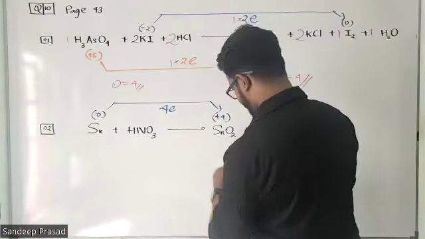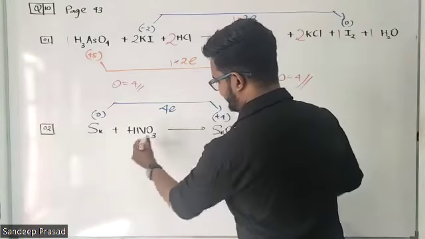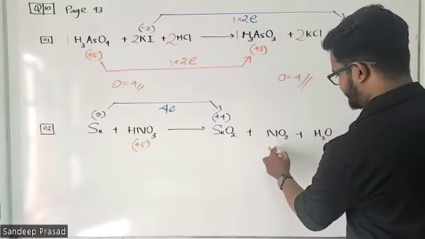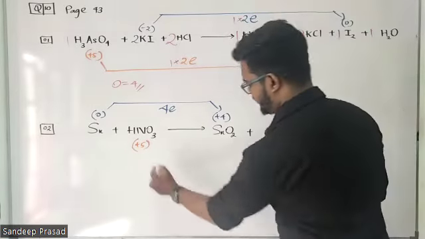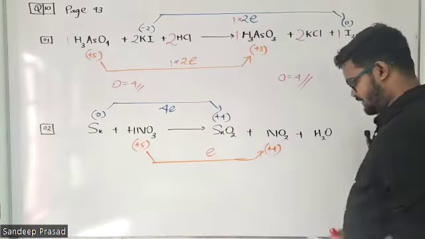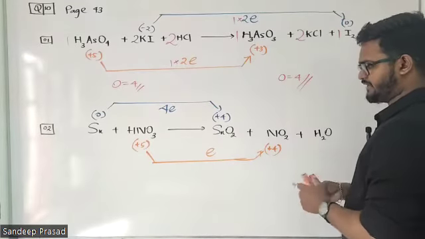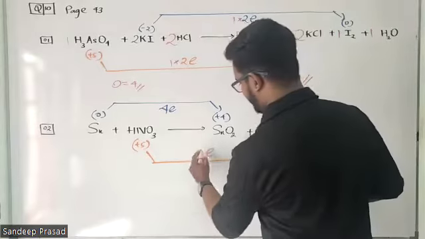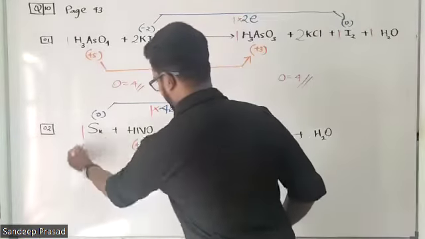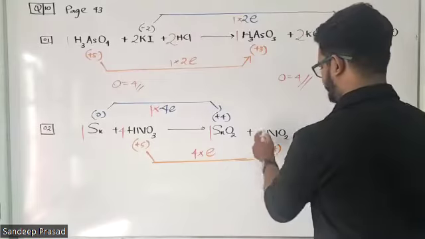And here nitrogen, in nitric acid, the oxidation number is plus 5. Here nitrogen's oxidation number is plus 4. Plus 5 to plus 4, the decrement is 1 electron. Then you have to equalize the increment and decrement. Therefore, I'm going to multiply this one by 1 and this one by 4. Put 1 here, 4 here, 4 here.